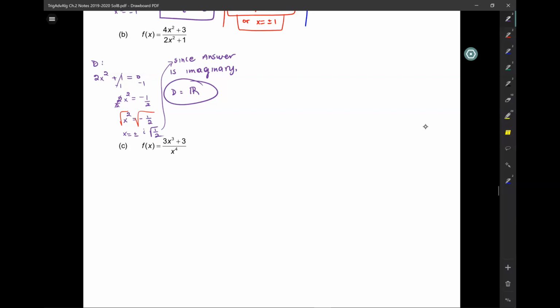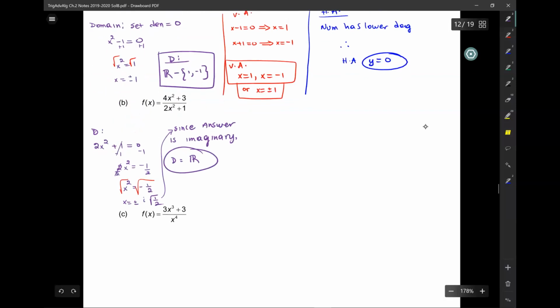Yes, so that's why instead of the square root of -1, I wrote an i, and then I didn't write the negative anymore. But it's still rooted. Wouldn't it cancel out and just be negative 1/2? No, it would still be i, because this is technically the square root of -1 times the square root of 1/2. Okay, so the domain is all reals.